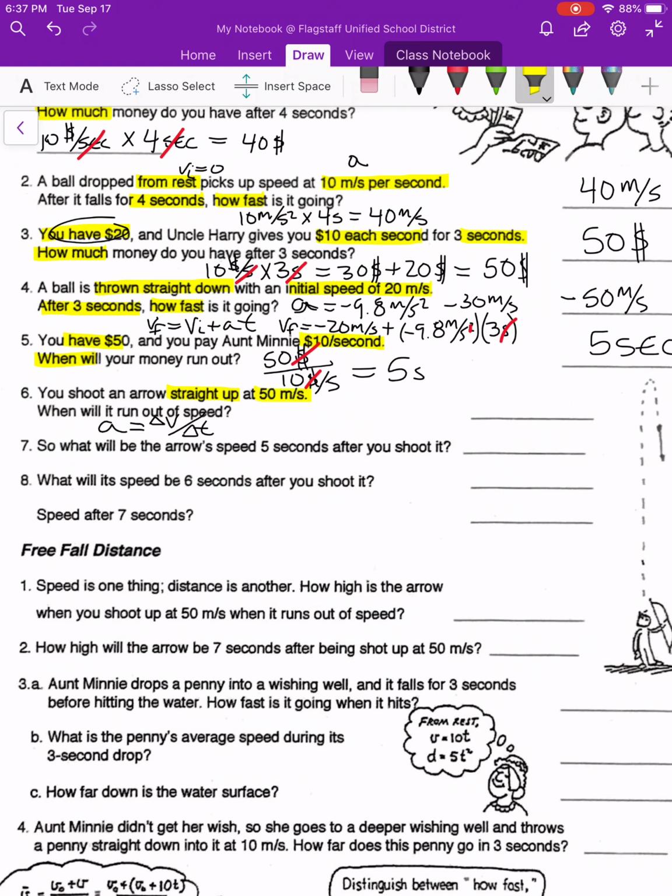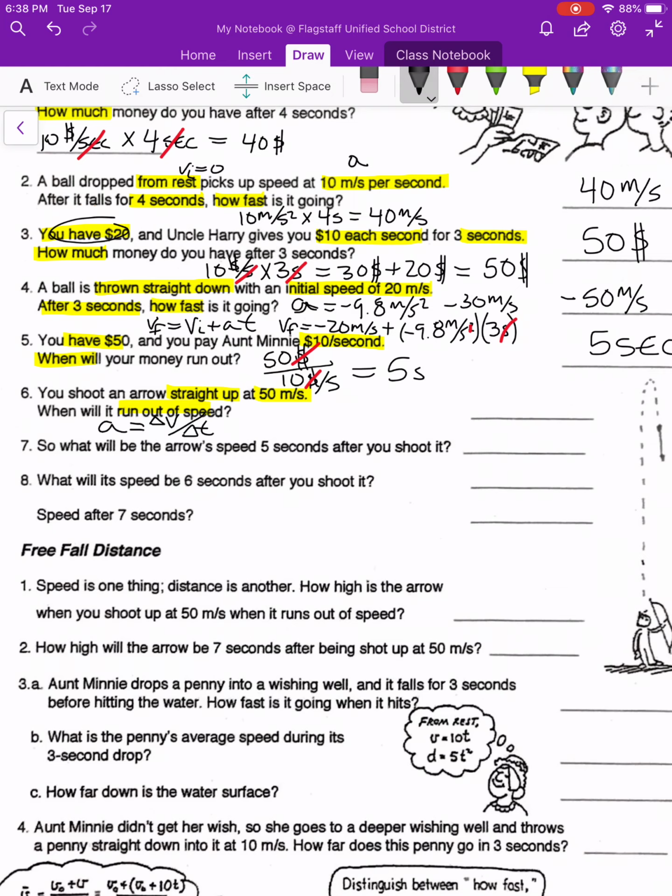It's given an initial speed of 50 meters per second. When will it run out? This delta V means the change in velocity, which is my V final minus my V initial. We're talking about when it runs out of speed, so that means my V final is 0.